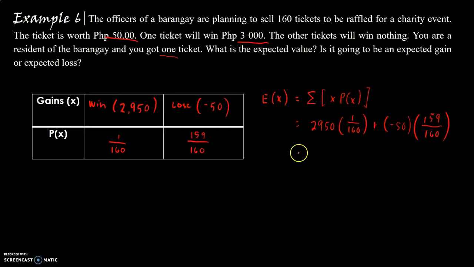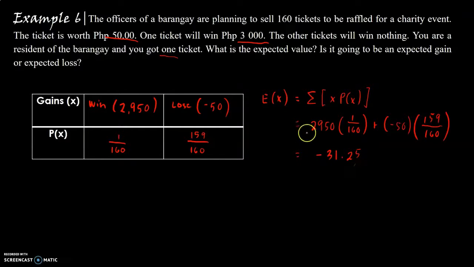Now use your calculators. Okay, we will get a sum of negative 31.25. So since it's negative, meaning to say it is an expected loss.